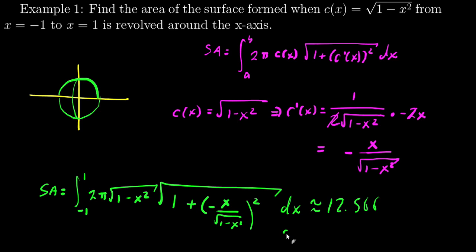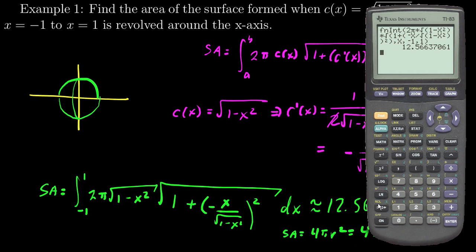Surface area for a sphere should equal 4 pi r squared, which is going to be 4 pi, because r is 1 in this example. And it looks right. Let's check to make sure. 4 pi is pretty darn close.